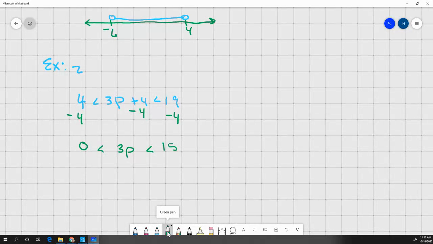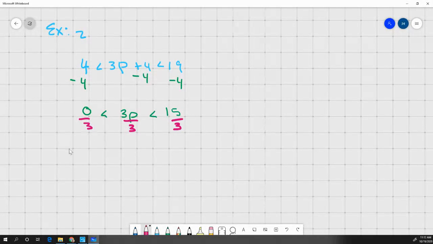We still have 3 attached to this, and we need to divide out that 3 because it's being multiplied to it. I need to go ahead and divide everything by 3. I can't just divide one of these by 3. They all have to be divided by 3.